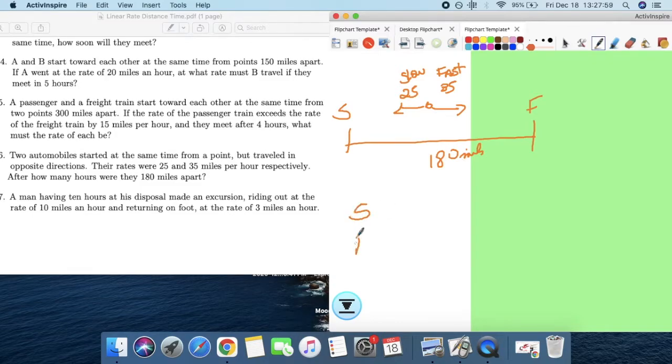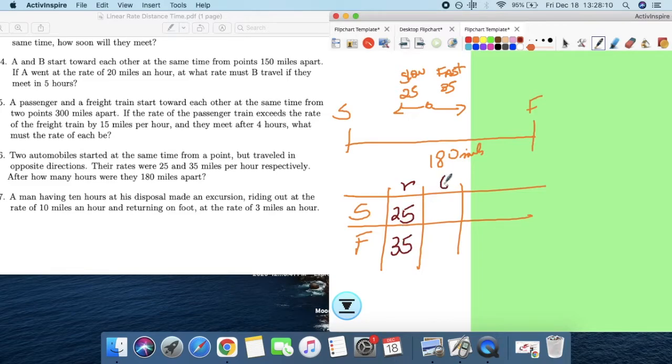So the slow train, fast train, just another chart. So the speed of the slow is 25, the speed of the fast is 35. The time is what I need to know, so t. The distance, 25t, 35t.